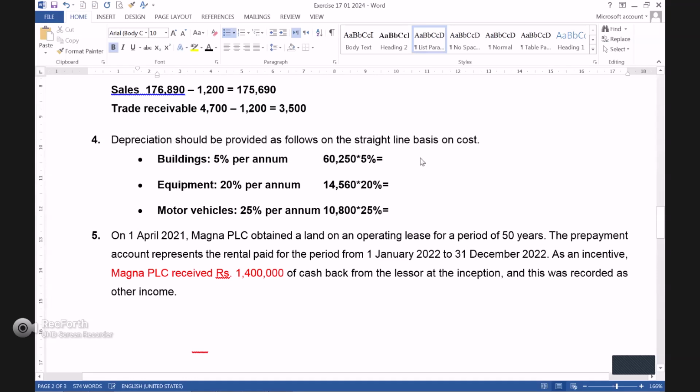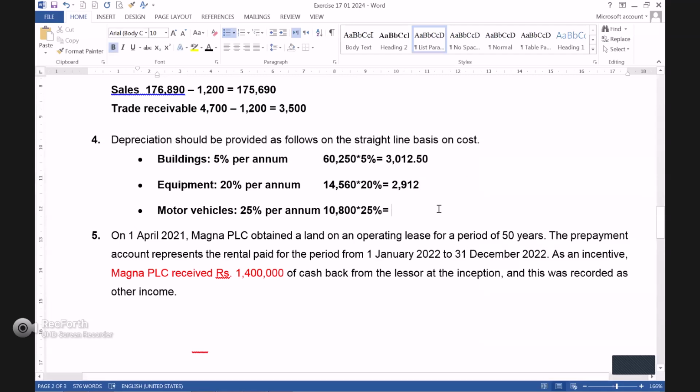So what is the amount of the building depreciation? Students, please tell me. Please put it into the chat box. Building depreciation is 3,012.50. Equipment 2,912.